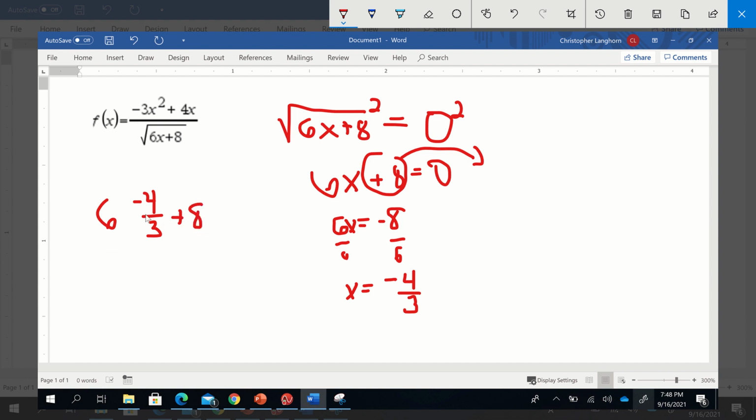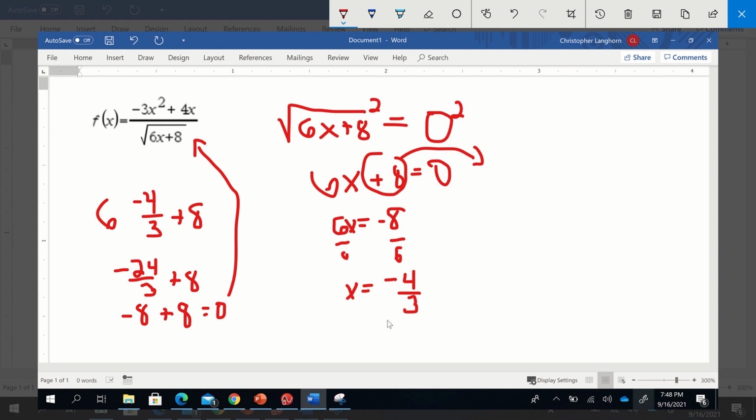So 6 times this, you get negative 24 over 3, plus 8. And this just becomes negative 8. So negative 8 plus 8 will equal 0. So if the bottom of the function becomes 0, it's undefined.